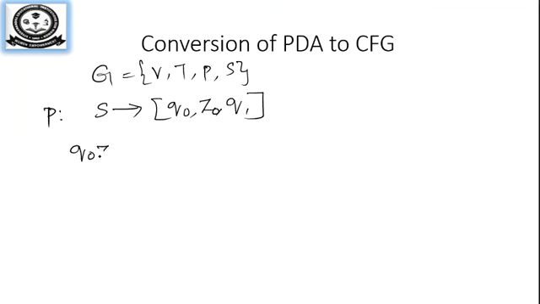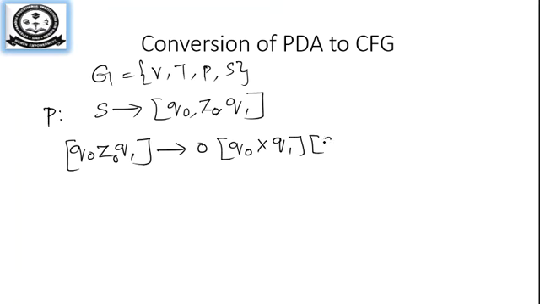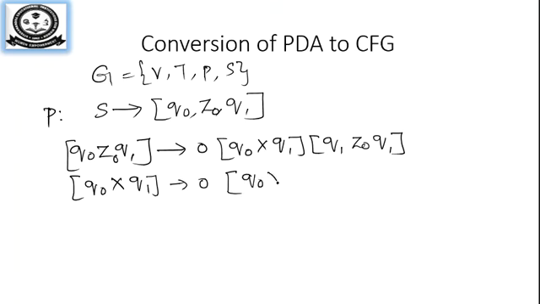For case 1, the only leftover is Z0 tends to Q0 x Q1 and Q1 Z0 Q1. Similarly, you have another production: Q0 x Q1 gives again 0 Q0 x Q1 and Q1 x Q1.